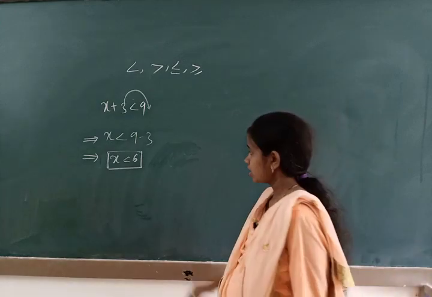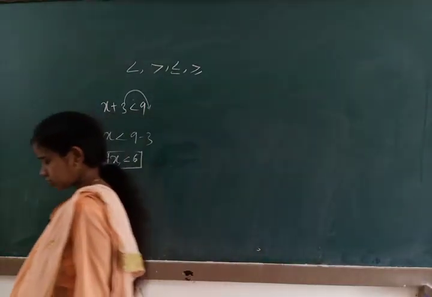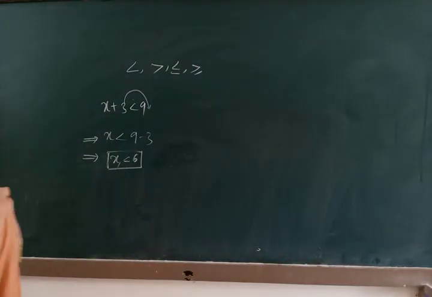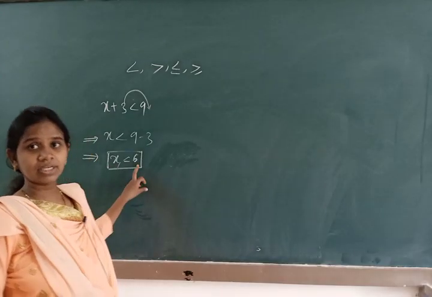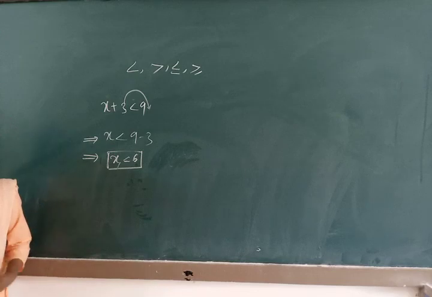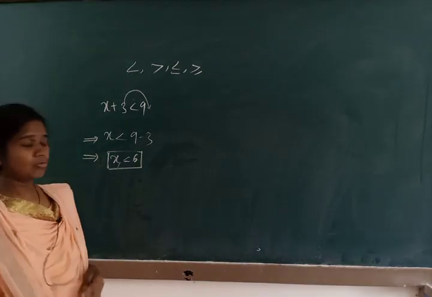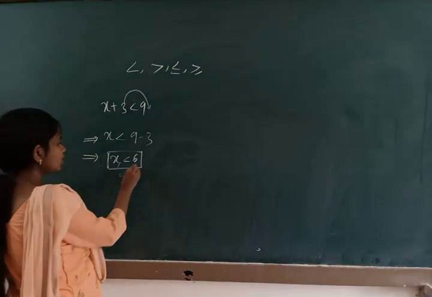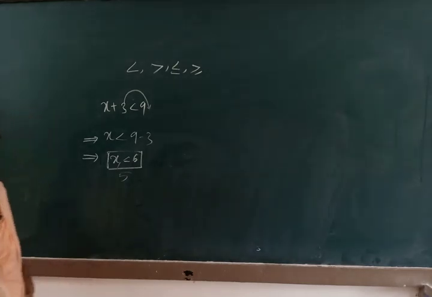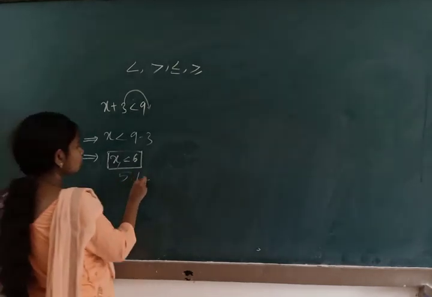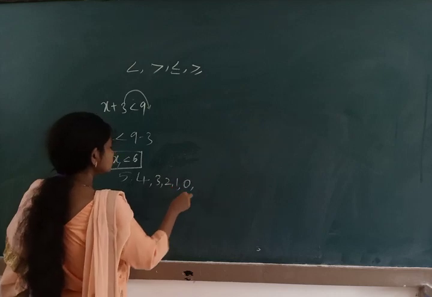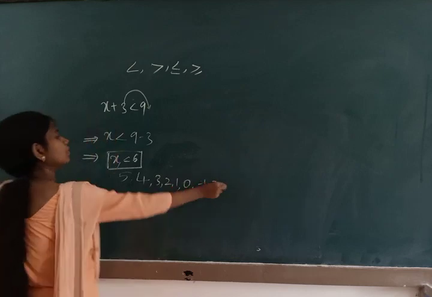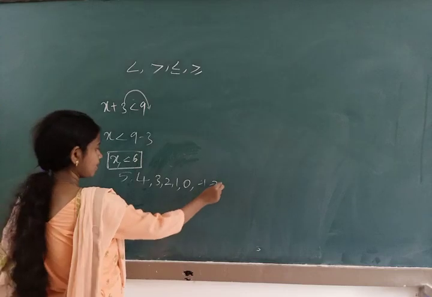It means whatever value of x we choose, it should be lesser than 6. It means the value can be 5, then 4, 3, 2, 1, 0, -1, -2, and so on.